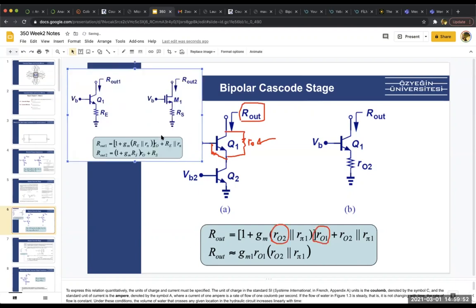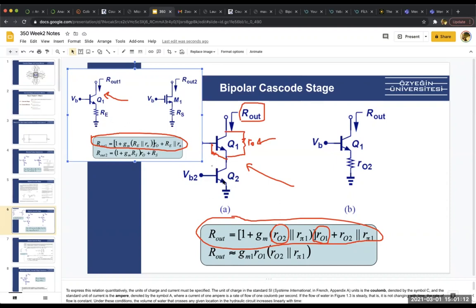So compared to the original one, let's figure out the differences. Look at this circuit and this circuit. The R out for this is this one, and the R out for the cascode is this one. What differences do you see? RO2 turns to RE, right.